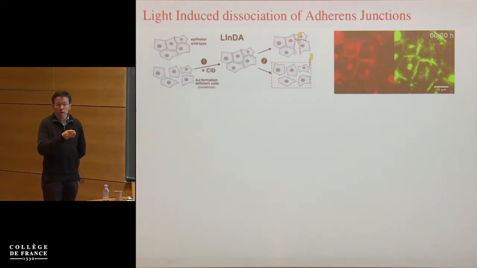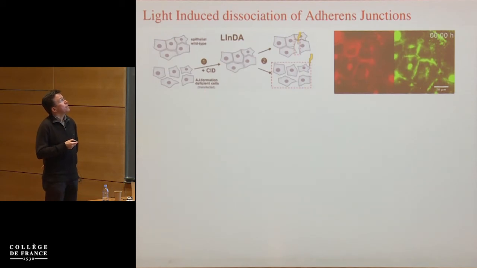Here, the goal of this work was to provide a control on the presence of this link between the adhesive apparatus and the cytoskeleton of the cells using chemical methods and, in fact, optochemical stimulation of the tissue. So the starting point of the experiment is to use cells where the formation of adherens junctions has been impaired because the cells have been genetically modified so that neither cadherin nor alpha-catenin can bind, as they usually do, to beta-catenin.